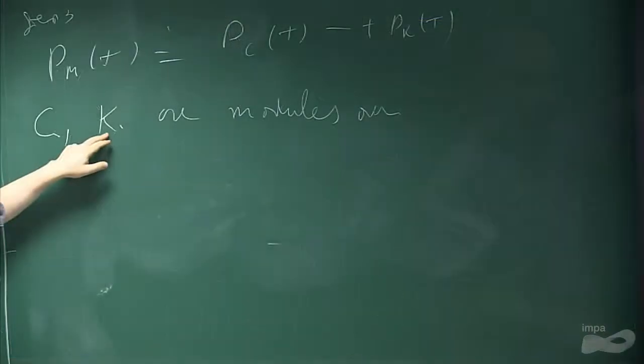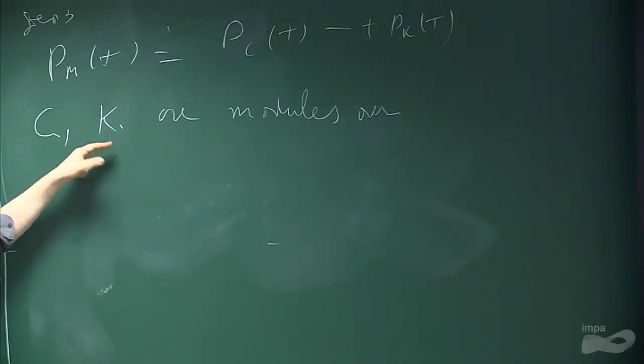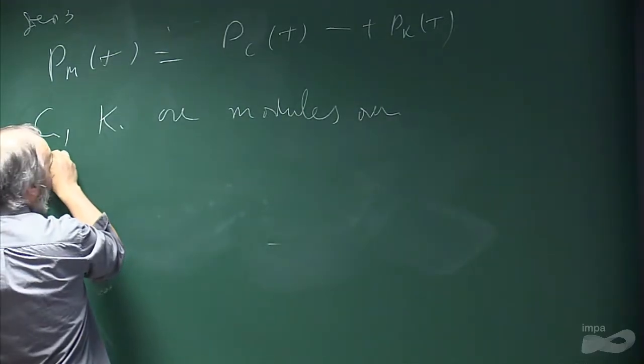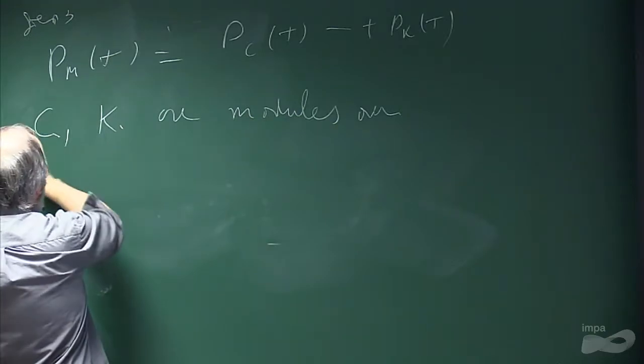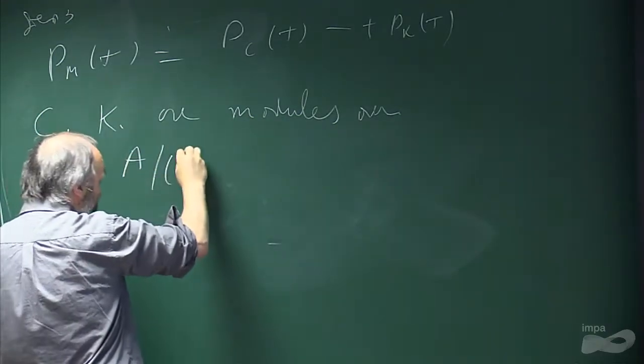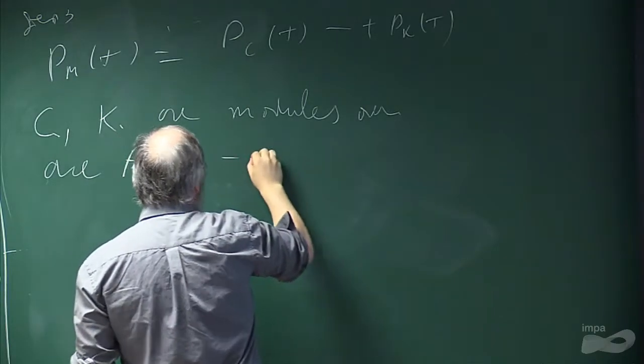And if you multiply an element of K by x, it becomes 0 because it's in the kernel. You can take this element, take its preimage, multiply it by x here, and put it there. Since it's a cokernel, it becomes 0. So they are modules over A quotient by the ideal generated by x.